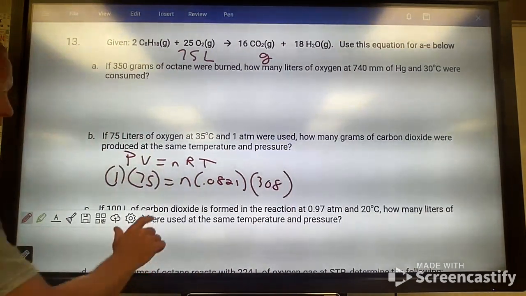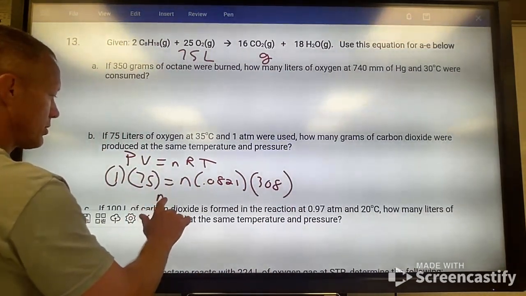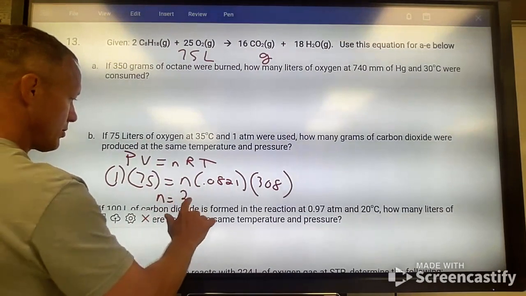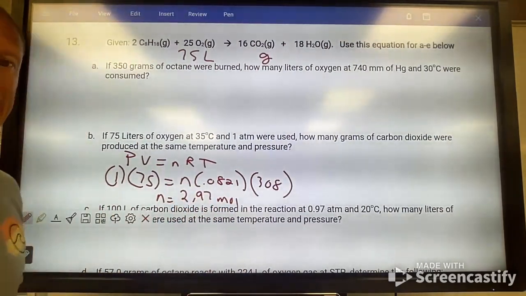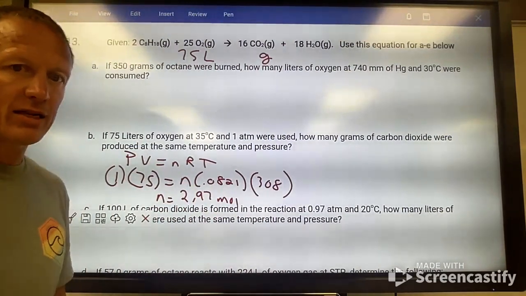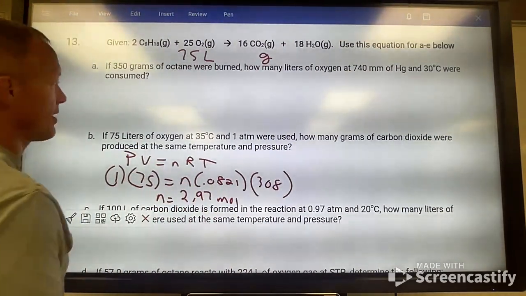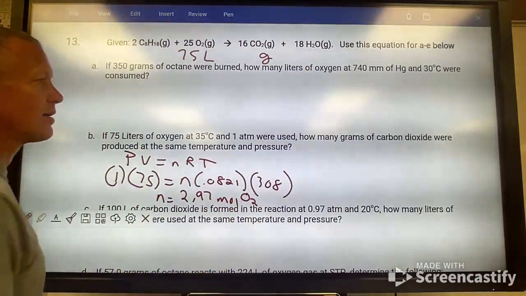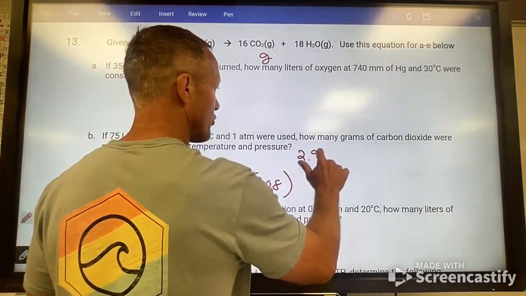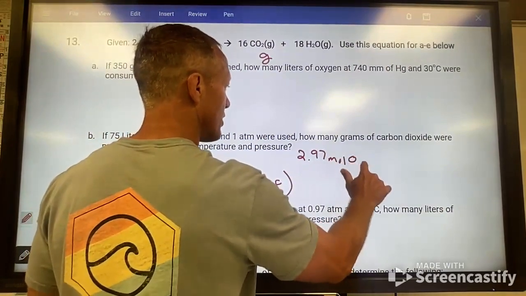So we get our moles, 2.97 moles. Here's a key. That is not moles of carbon dioxide. It was liters of oxygen, so that is moles of oxygen. People tend to think that. Now I do my stoichiometry, saying we have 2.97 moles of oxygen.